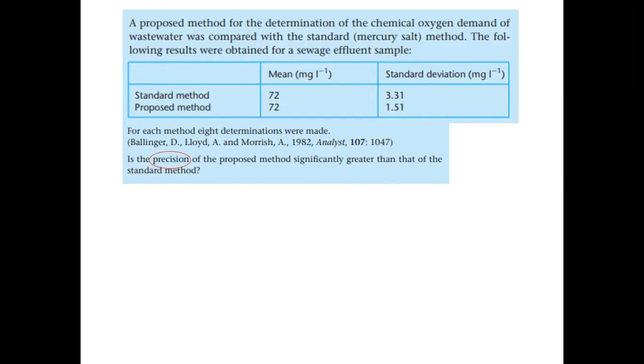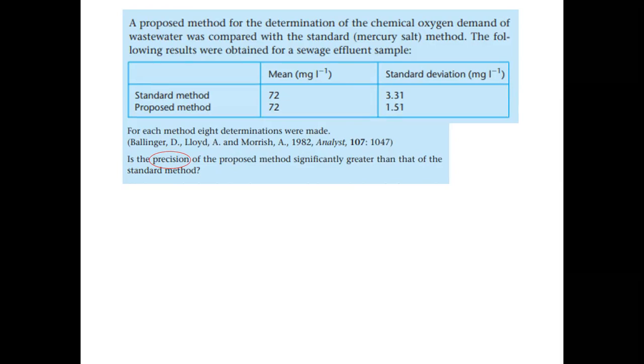Once we see this data, what comes to our mind? By looking at this data, automatically it comes to our mind, okay, this proposed method is better than the standard method. But we cannot tell that simply by looking at the data.